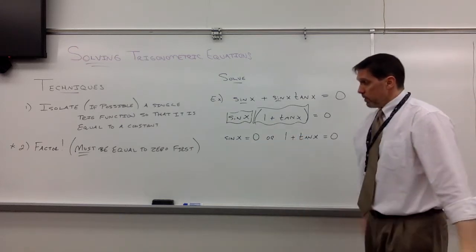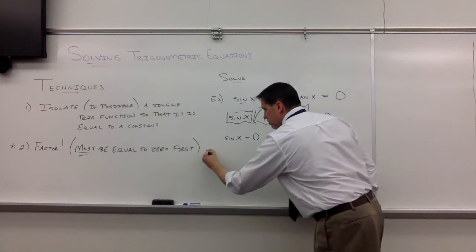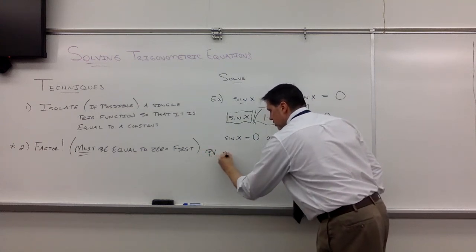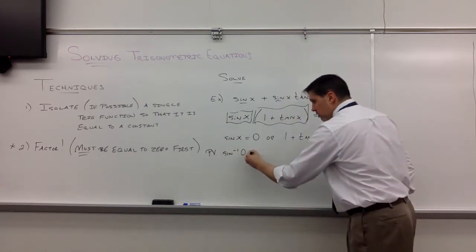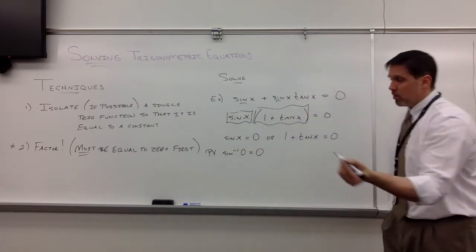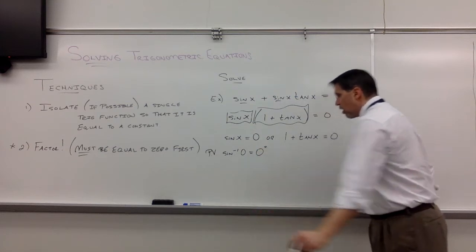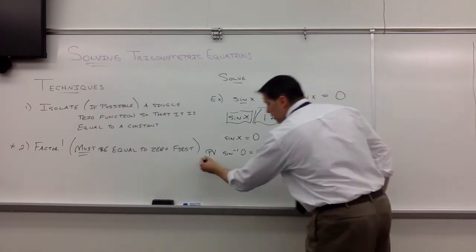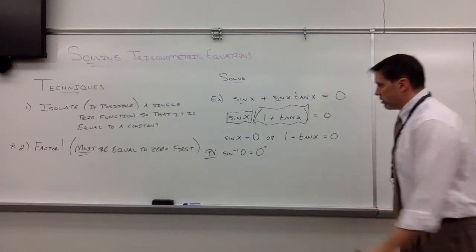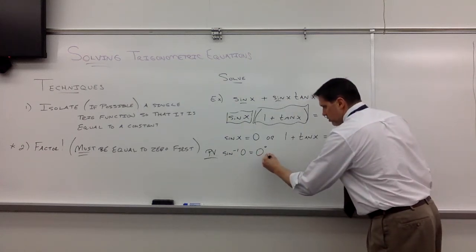Now, the first one, if we're looking for principal values, you're just going to do the sine inverse of 0. And the sine inverse of 0 is 0 degrees, if that's what you're talking. I was not specific about my directions because I want to do everything. So principal value is 0 degrees or 0 radians.